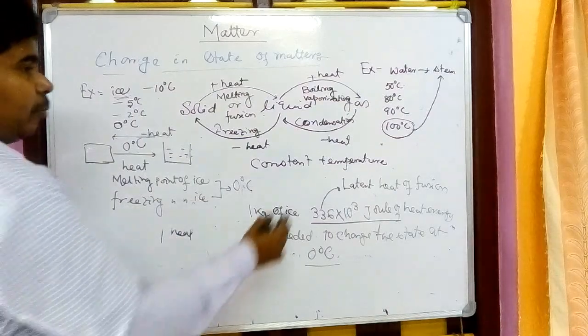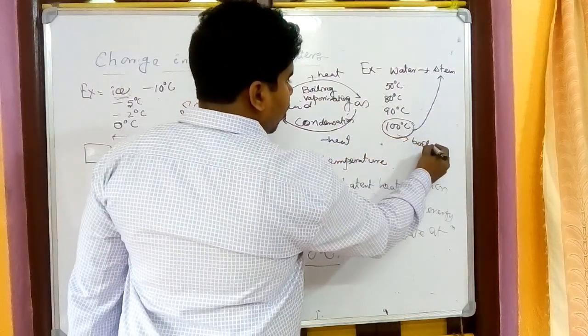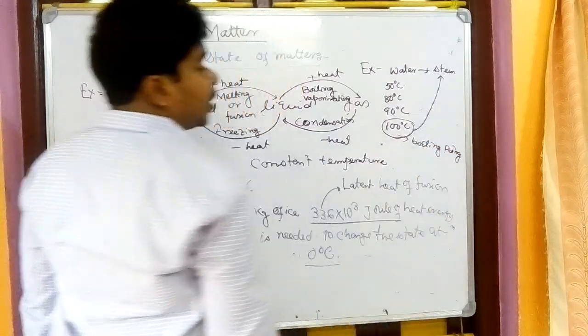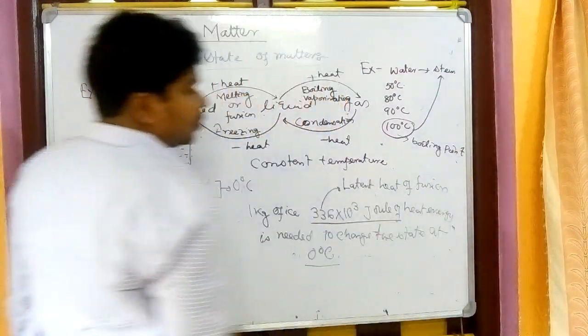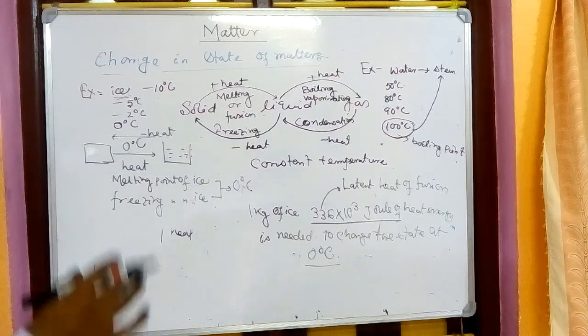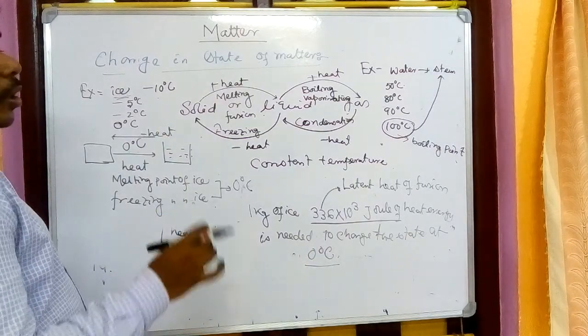That temperature, 100 degrees centigrade, is known as the boiling point or vaporizing point. Clear? The constant temperature at which water is converted into steam is 100 degrees centigrade, and that is the boiling point of water.